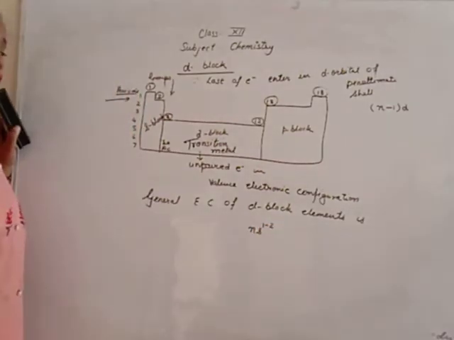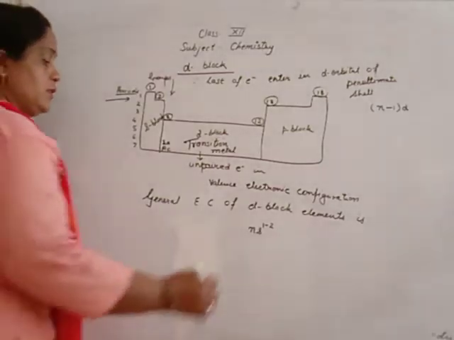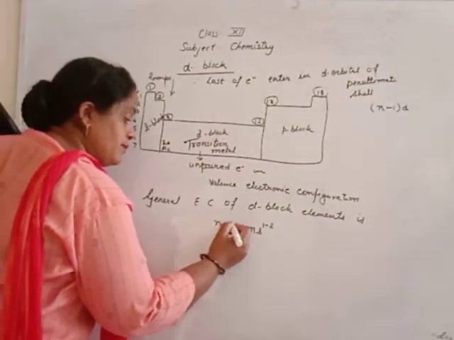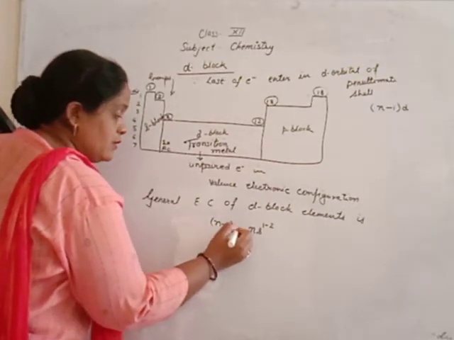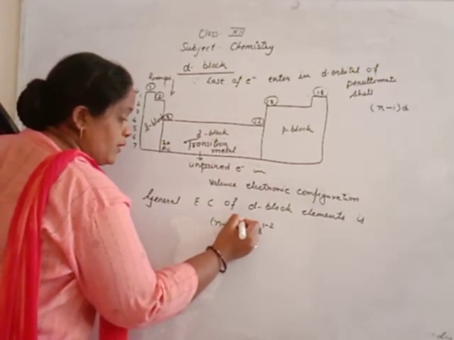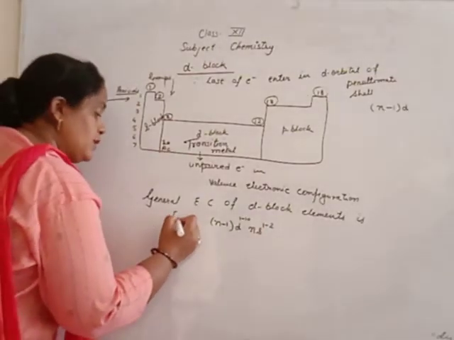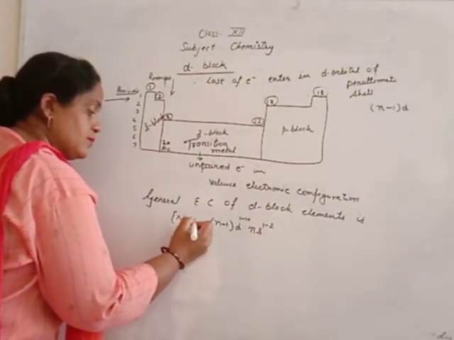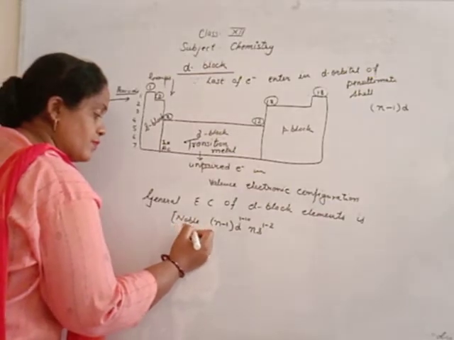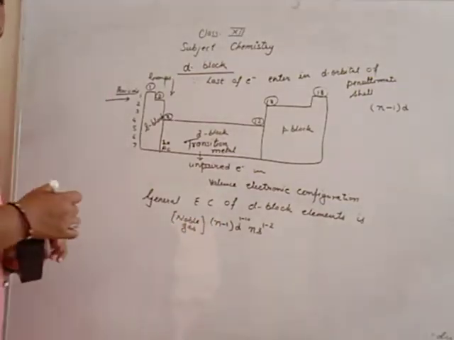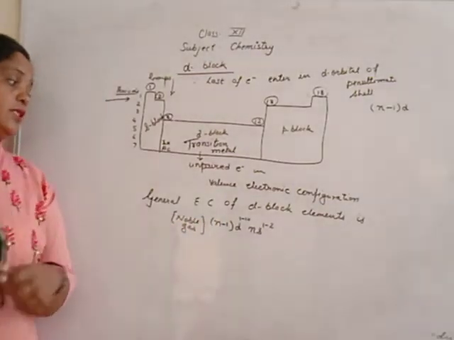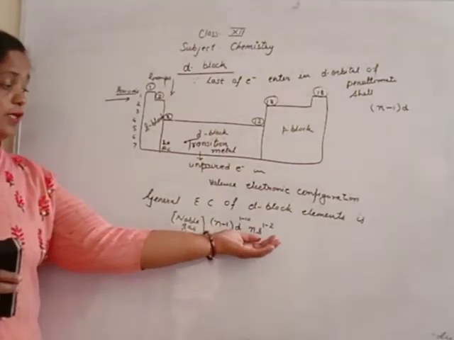In some cases the outermost shell has 1 electron, and mostly the outermost shell contains 2 electrons. Then the n-1 penultimate shell d orbital has 1 to 10, and here is the noble gas. It is the general electronic configuration of d block.